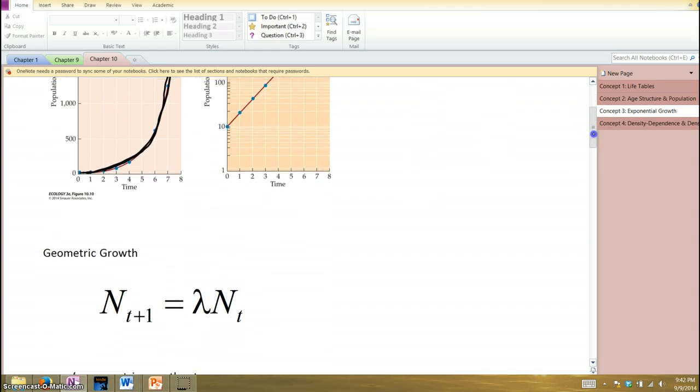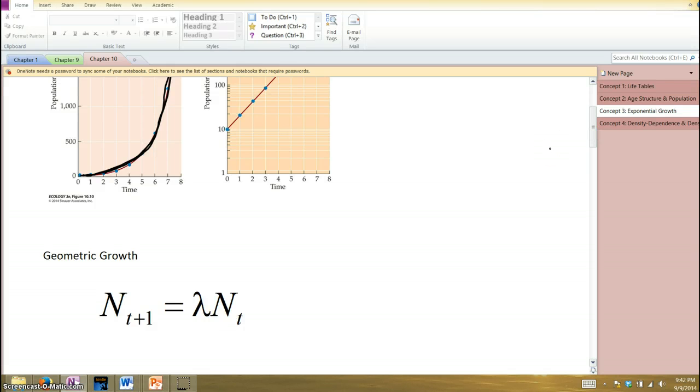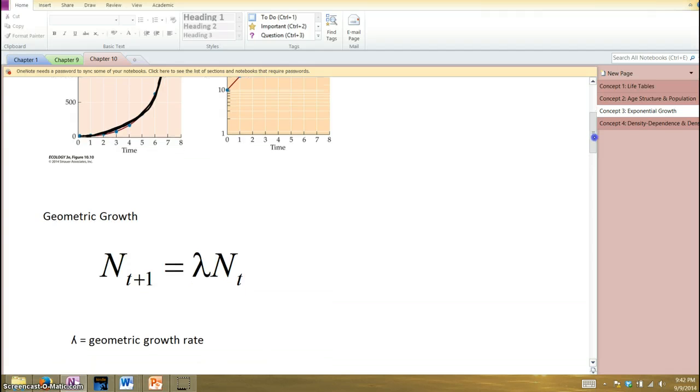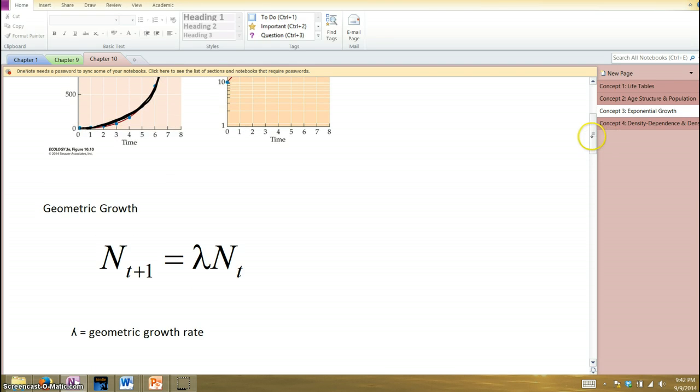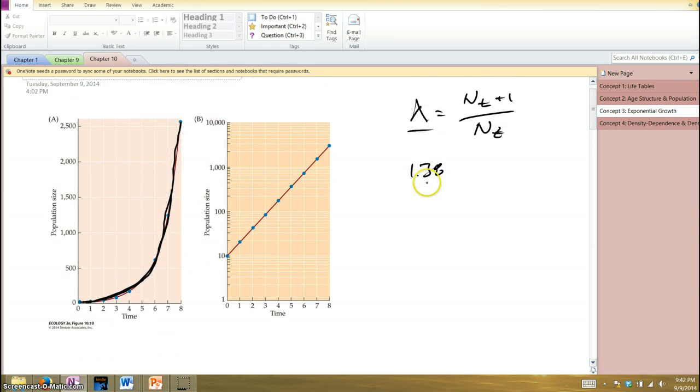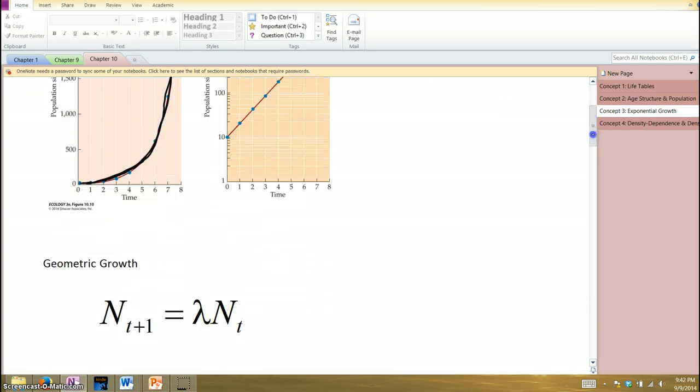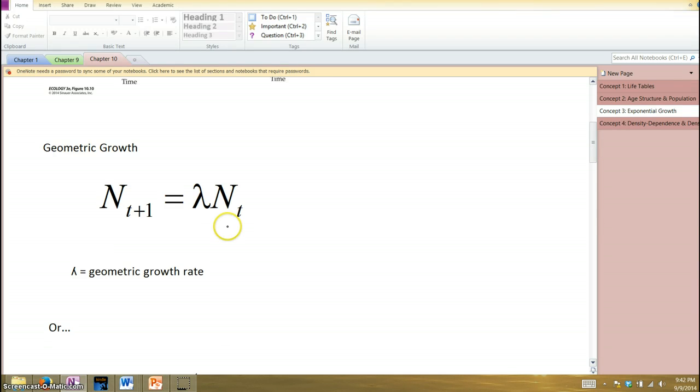All right, and one way of thinking of this form of growth is what's called geometric growth. And if we take our formula above here, if we know what the growth rate of the population is, we can use the size of the population in 1 year as we saw and calculate it in the next year.